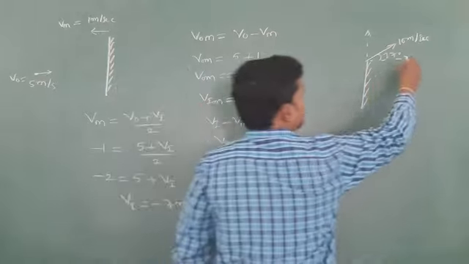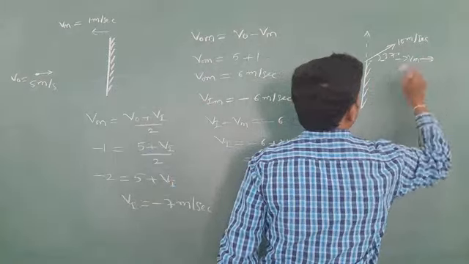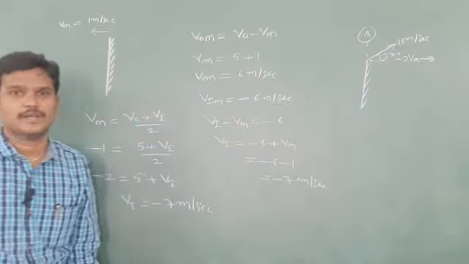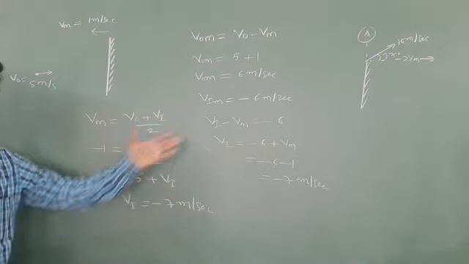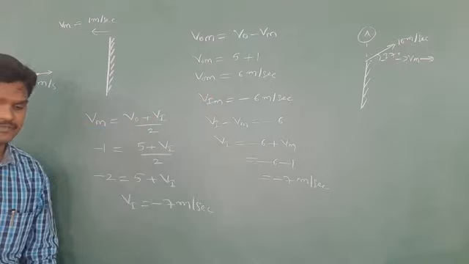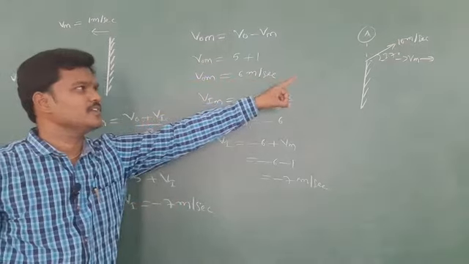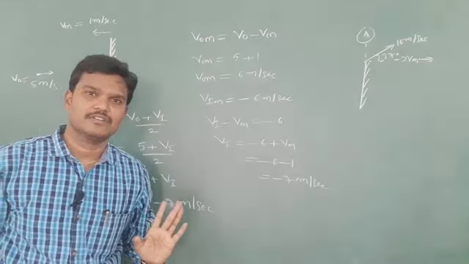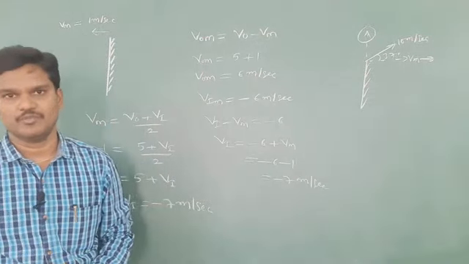So take this as the velocity or speed of the mirror. The parallel component will not affect the image nature, because we are solving problems based on the plane mirror. Just resolve the velocity into components and apply the same concept, and you will get the answer. You try some other questions from any type of book.